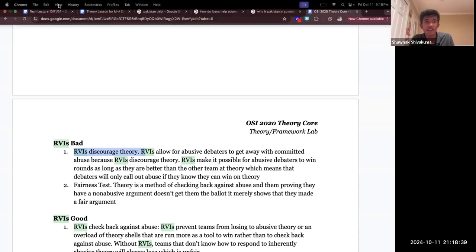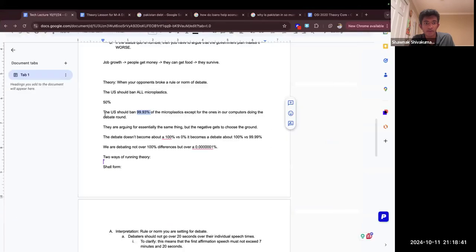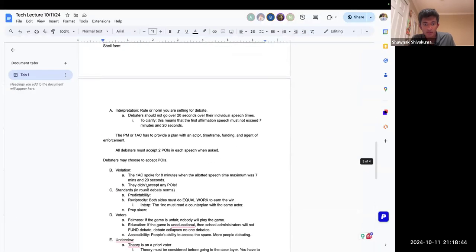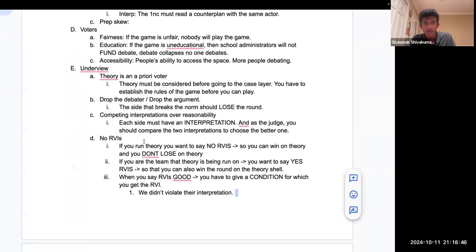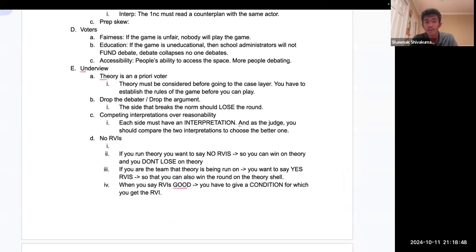Also, theory baiting. Oh, here, I'll write this. Yes, no RVIs: theory baiting. Theory baiting is when teams commit abuse on purpose.